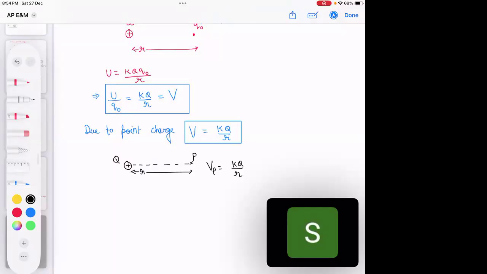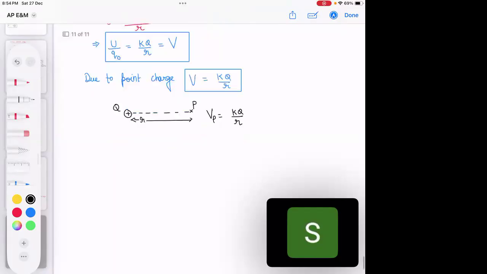So a positive charge creates positive potential. In the other example, if I take a negative charged particle Q dash and I want to calculate the potential at this point P at a distance R dash, what will be the potential at point P now?